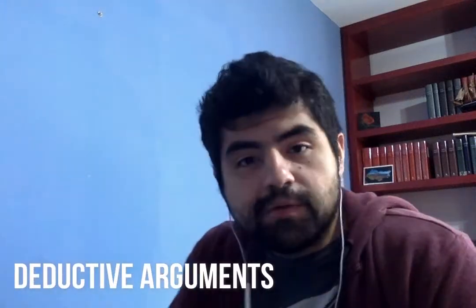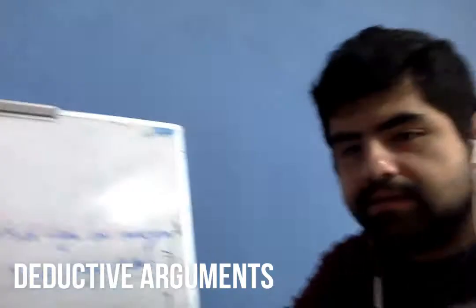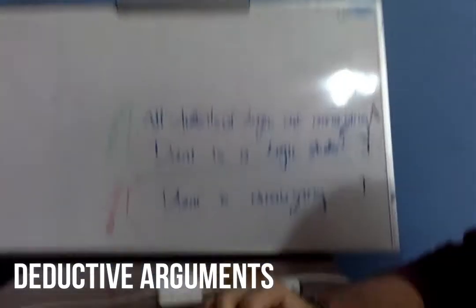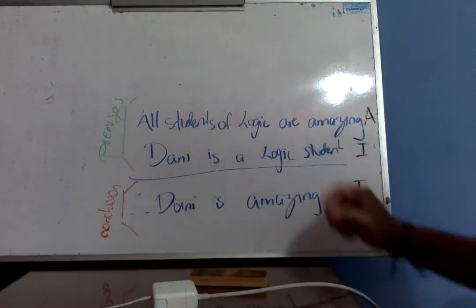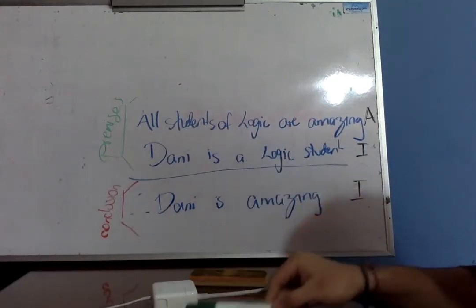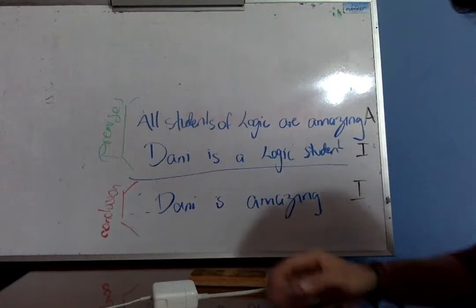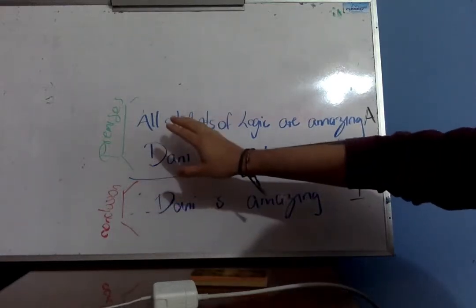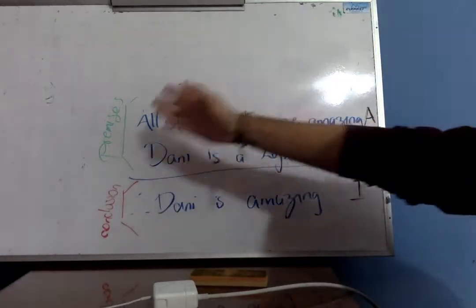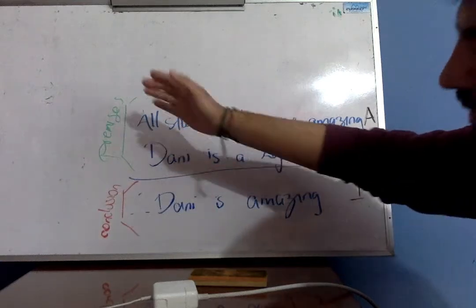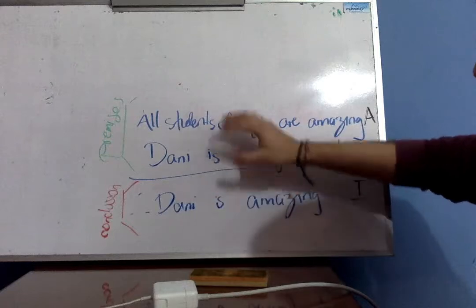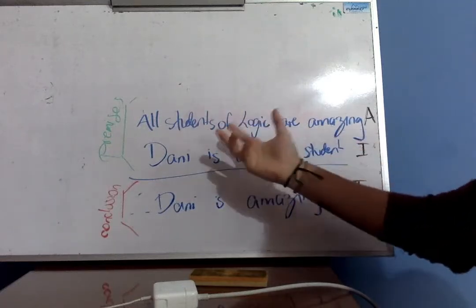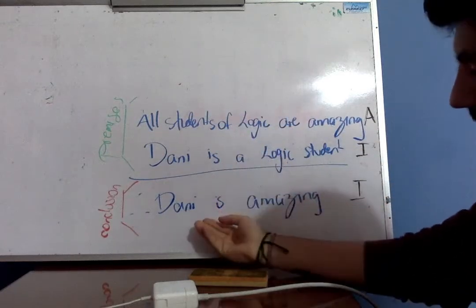Now, the deductive arguments. To explain them, consider the following argument. All the students of logic are amazing. Danny is a logic student, therefore Danny is amazing. These two propositions are premises, the antecedent. They come before the conclusion, and because of them, we can infer this conclusion.